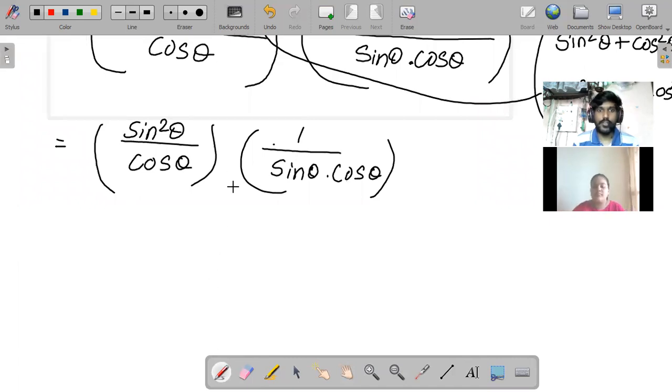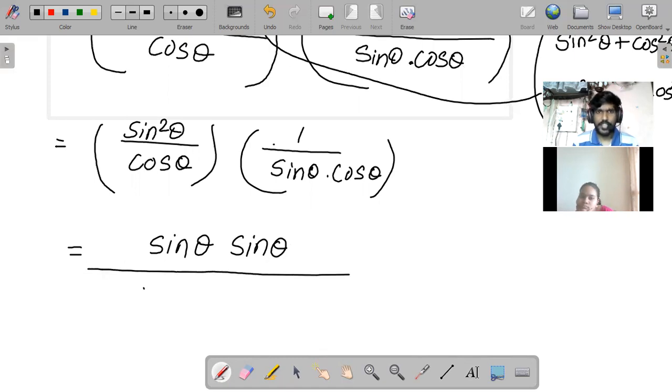Now you see it's all multiplication, so I can just write it together. In the numerator we have sine square theta, so I'll write it as sine theta into sine theta. In the denominator we have cos theta, sine theta, and cos theta. Is this step clear? Sine theta cancelled.